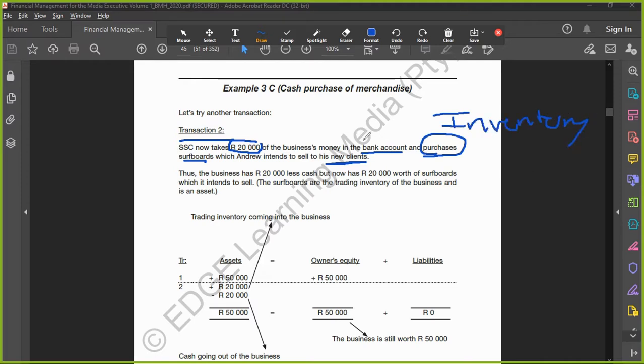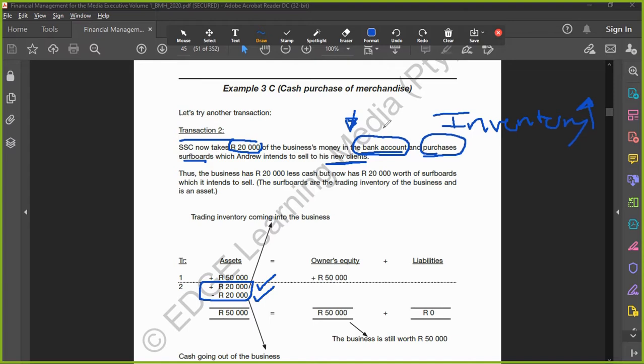What did I use to buy the inventory? Bank. So again, apply the logic. If you're using money in the bank to buy surfboards, money is going to decrease. If you know you're buying inventory, the inventory is going to increase. So you should show plus 20,000, inventory going up, and minus 20,000, bank account going down. It's as simple as that.